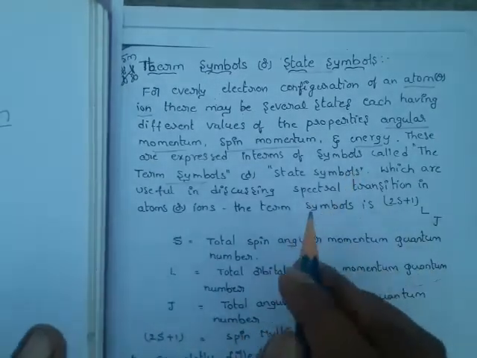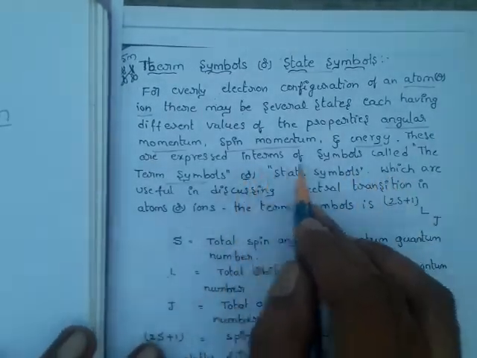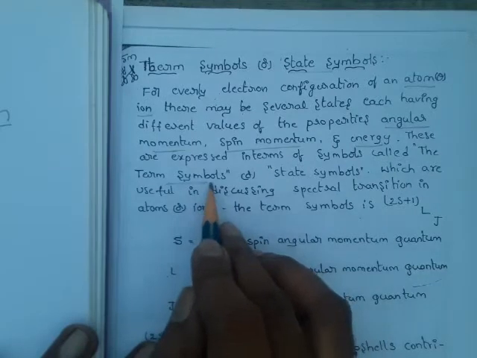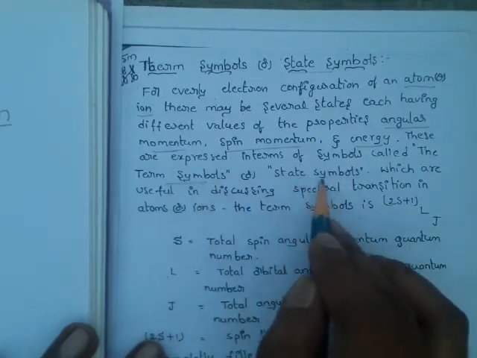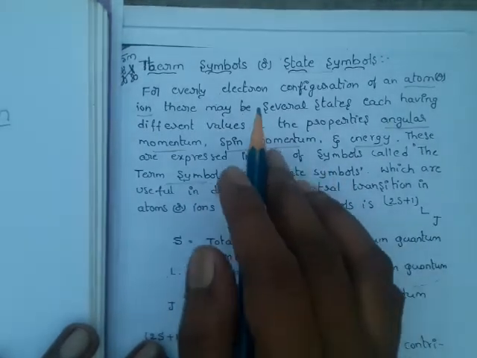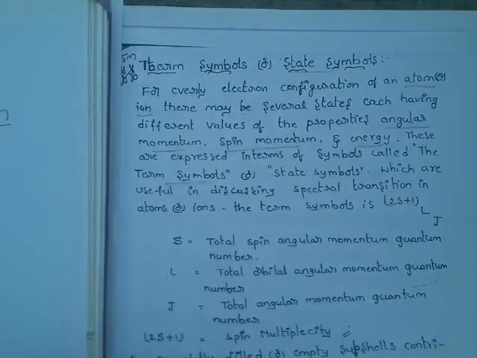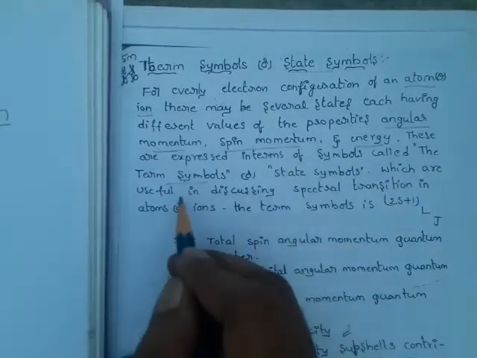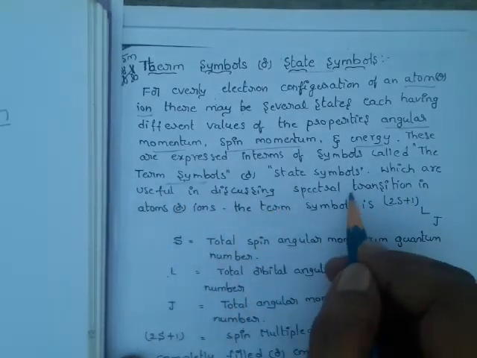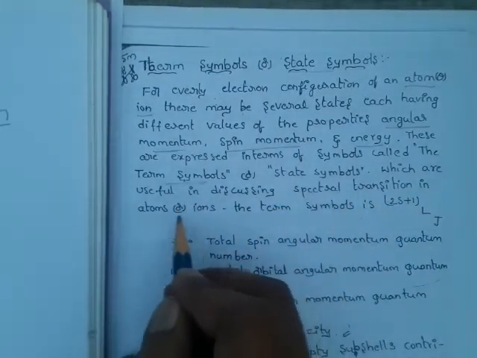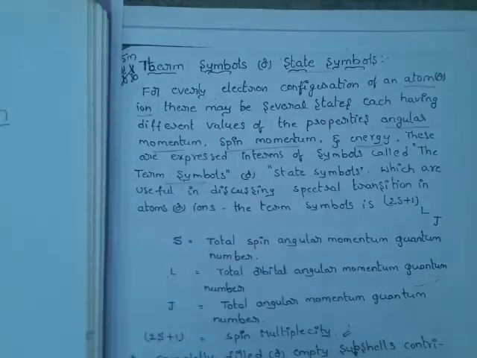These are called the term symbols or state symbols of that particular electron configuration. Clear?